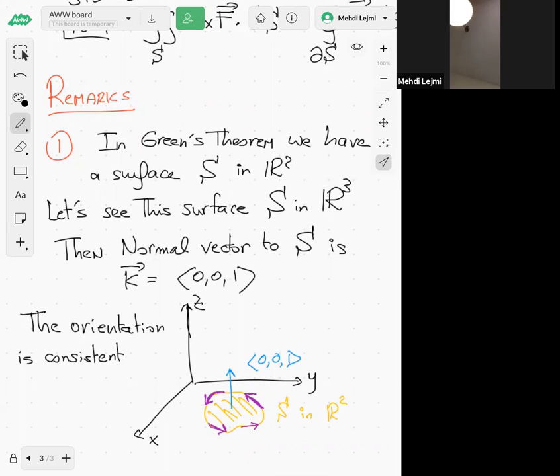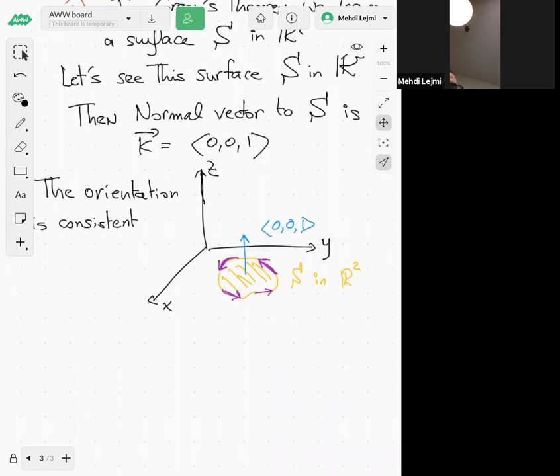Anyway, I'm going to show you with an example why Stokes' theorem could be very powerful sometimes. So here's example number 2.